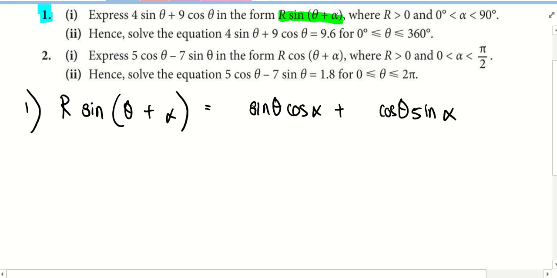Do you agree with my expansion? If I refer to the formula list, is this the correct expansion for sine theta plus alpha? Correct, right? But something is missing. R, because you must multiply by R, right? So please remember to write down R.